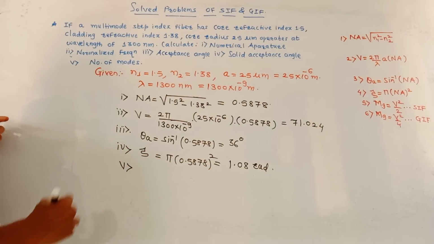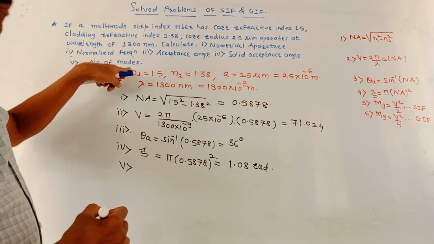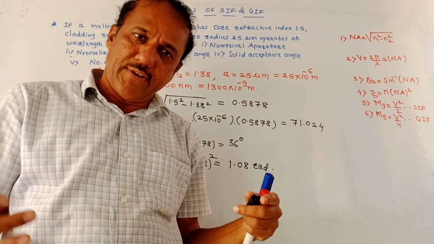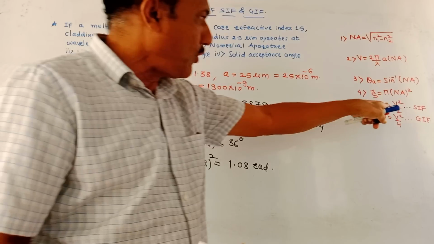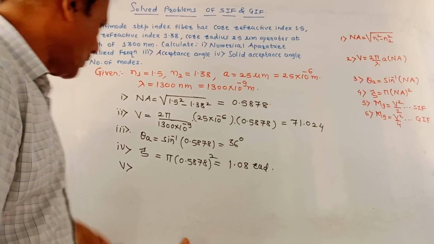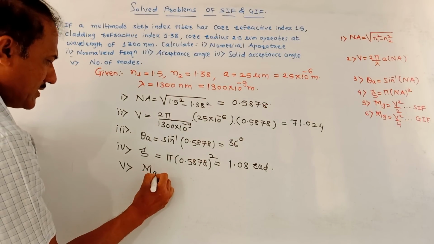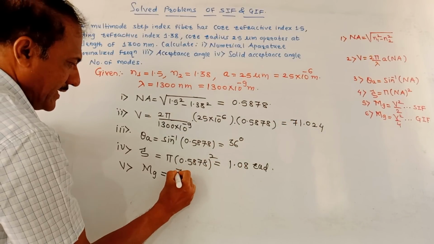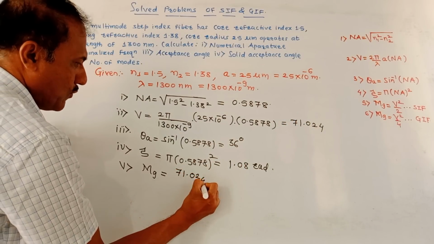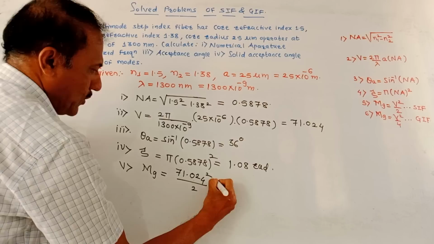Then fifth calculation, number of modes that are propagating through the given fiber. So since it is SIF, step index fiber, the formula is Mg is V square by 2. Value of V is 71.024 square upon 2.